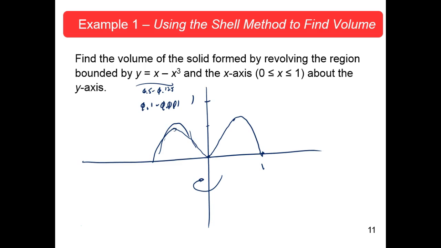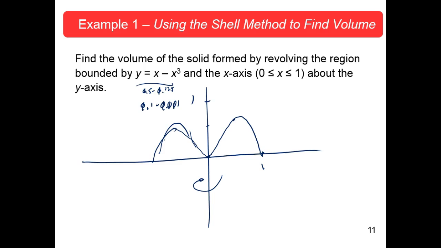Now, if you were trying to do the washer method around the y-axis, you would do your dy's, and it would be this minus this. You would have to get this function in terms of y, and that's really ugly.